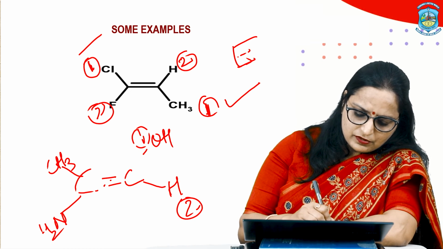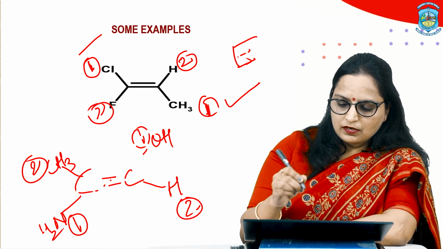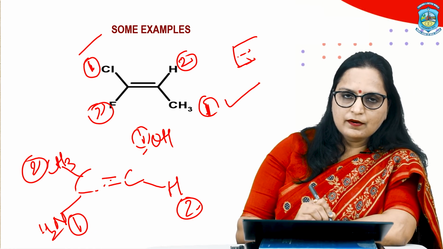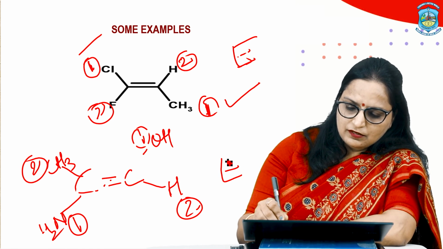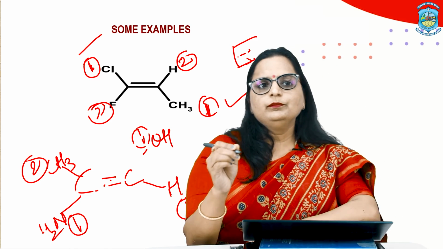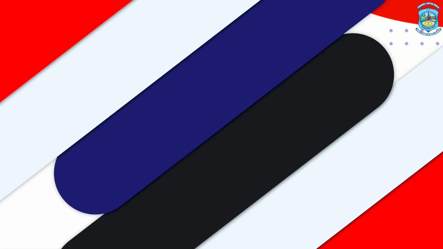On this side nitrogen gets the first position and carbon gets the second position. Now compare the position of the higher priority groups. If they are on the opposite side, then you assign E configuration. So I hope you are clear with the E-Z nomenclature system.